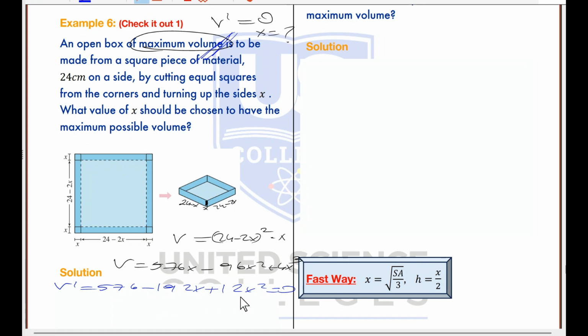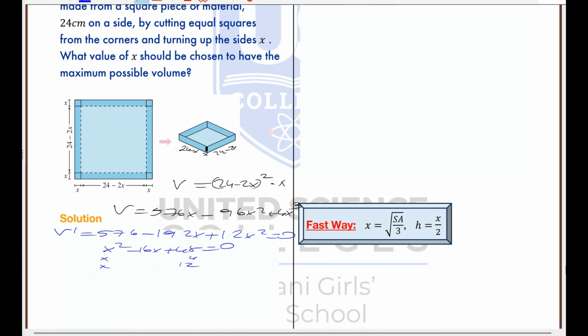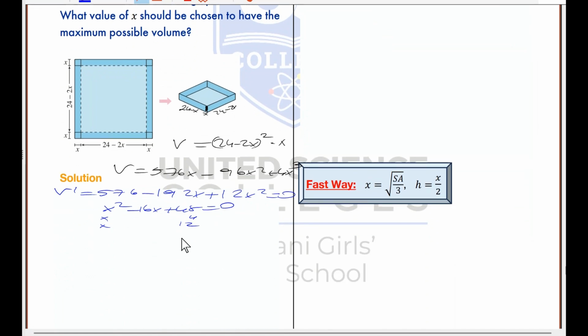I see a common factor is 12. Take 12 out or divide everything by 12. So we will get, let me write it in general form, x squared minus 16x plus 48 equal to 0. Factorize: 4 times 12 is 48. The middle term is negative, so they will be all negative. So x minus 4, x minus 12 equals 0. So x is 4 and x is 12.